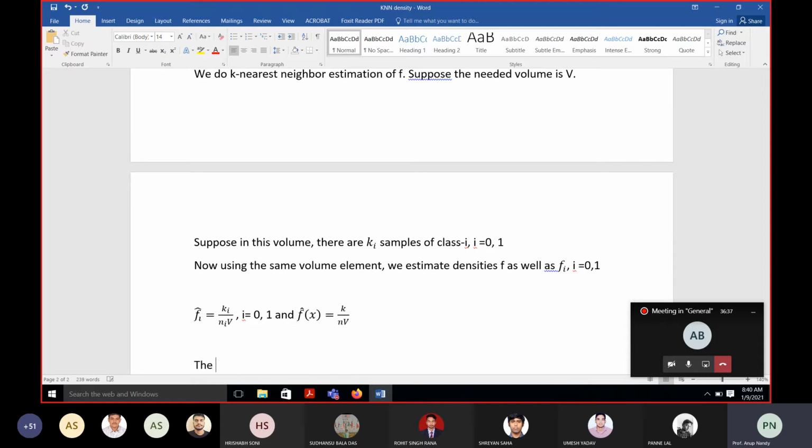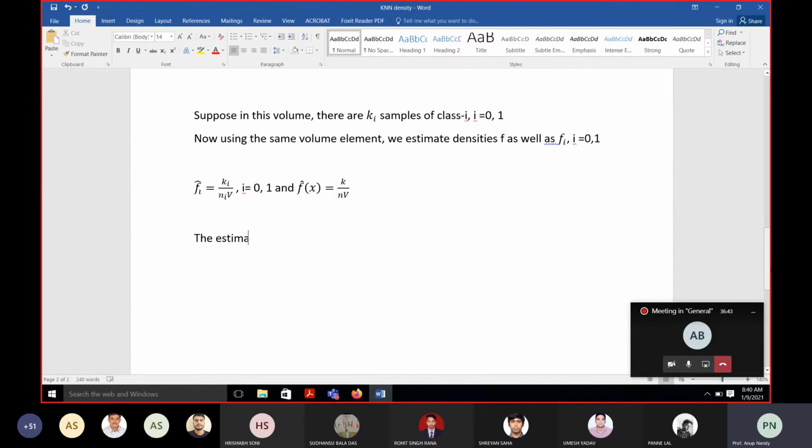Now the estimates for prior probability would be the estimate for prior, meaning whenever you have an estimate, a hat symbol will be there. Now for the prior probability, in the book you could have written small pi hat, or here you could have written small p hat.